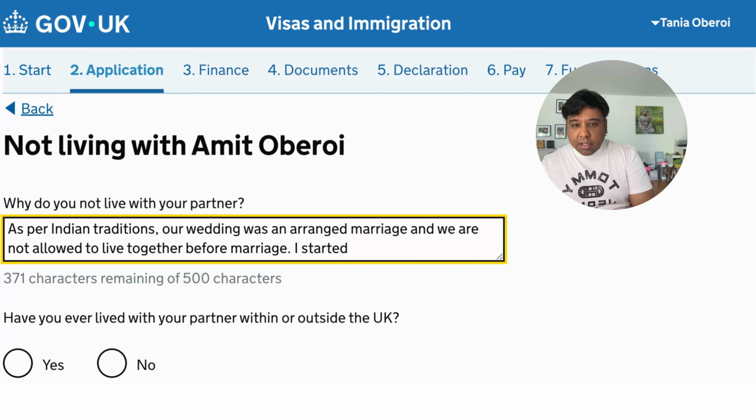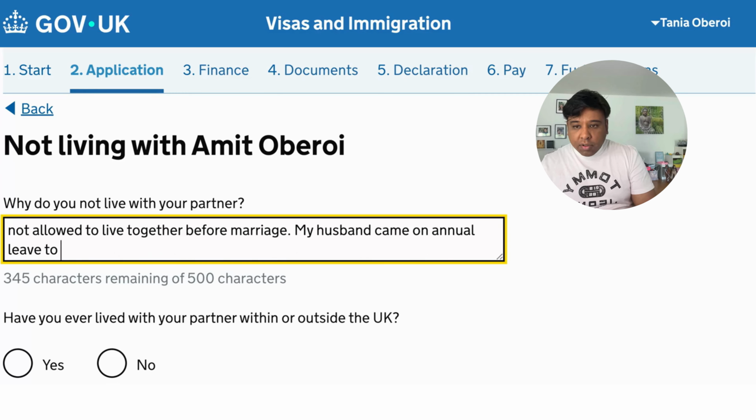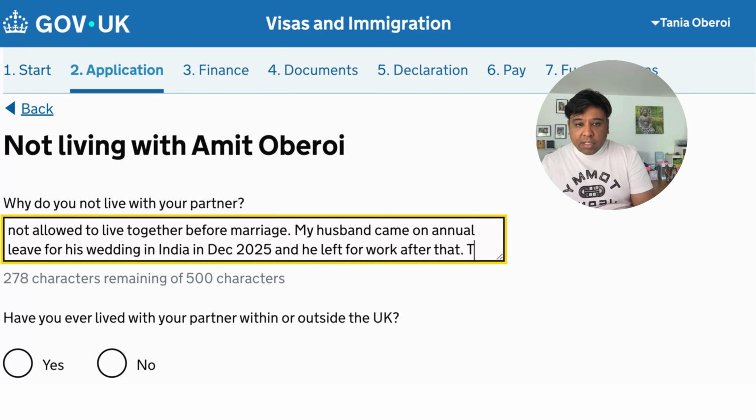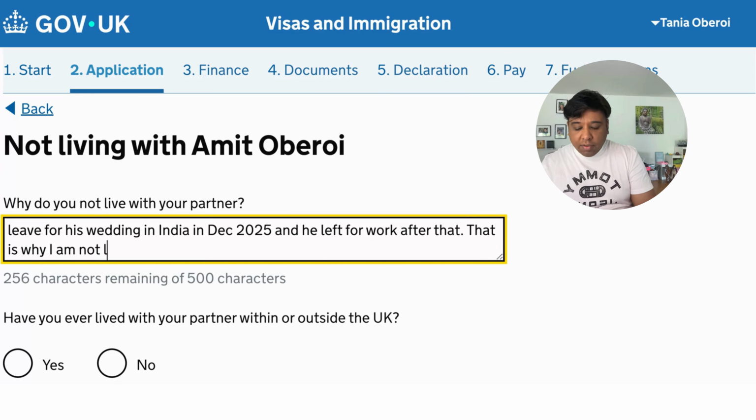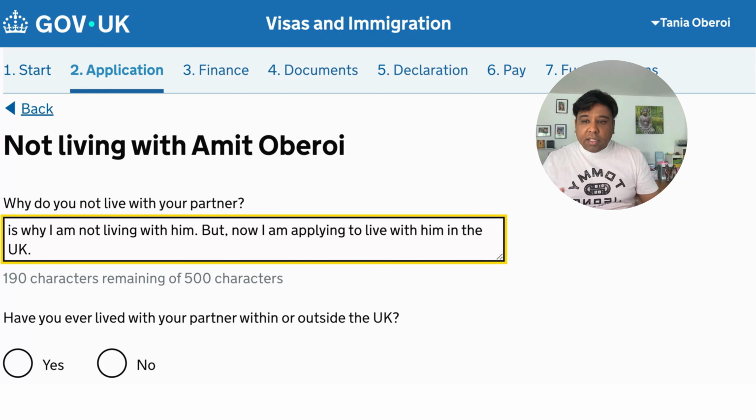Then you say, my husband came on annual leave for his wedding in India in December 2025, and he left for work after that. That is why I'm not living with him, but now I am applying to live with him in the UK. This is a simple explanation.